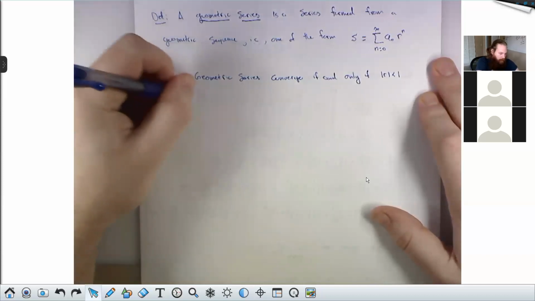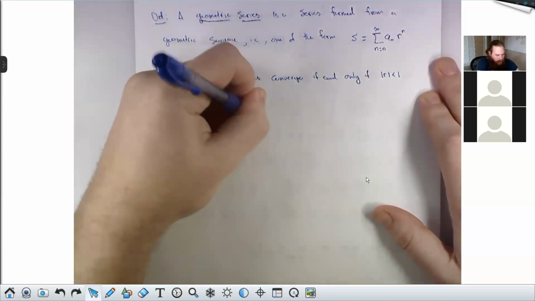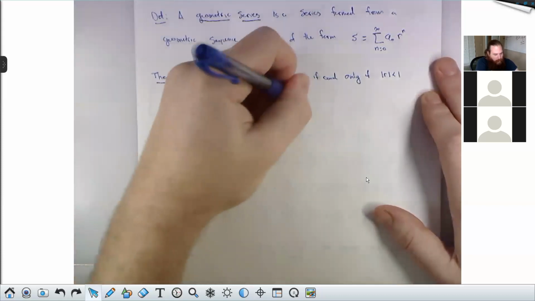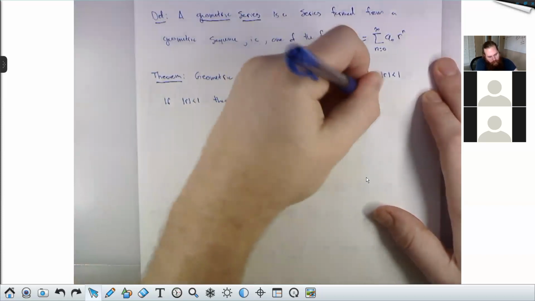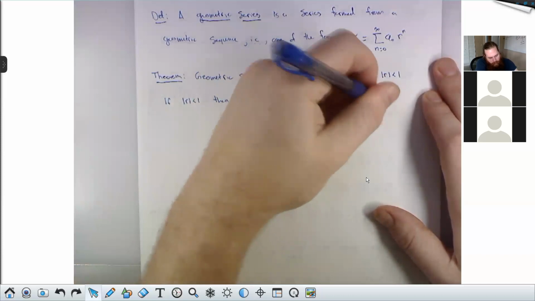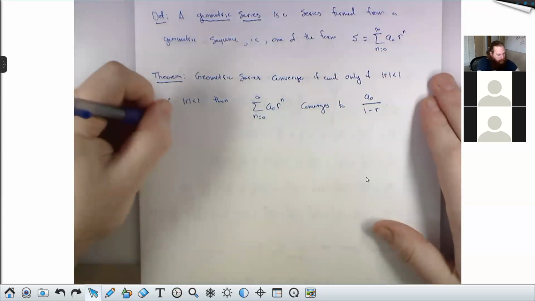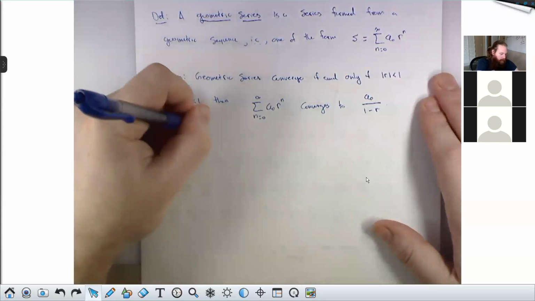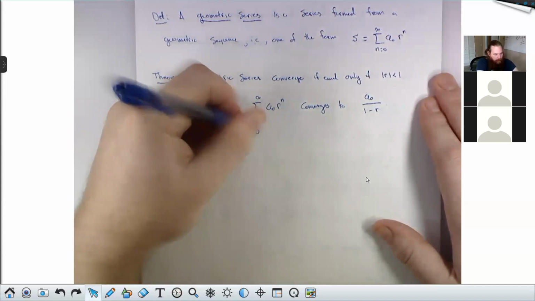If abs R is less than 1, then sigma n from 0 to infinity a naught r to the n converges to a naught over 1 minus r. So I'm going to prove this theorem to you. If r has absolute value greater than or equal to 1, then the series diverges.